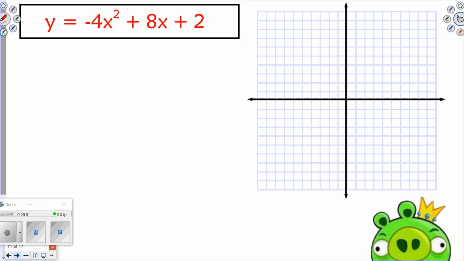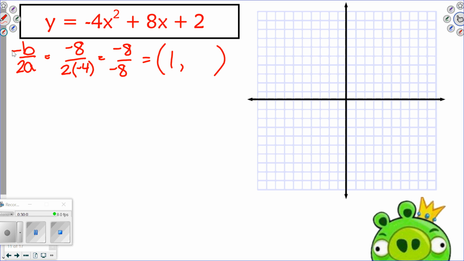All right, so guys, if I ask you to graph, what do we have to find first? Good, the vertex, which is the negative b over 2a. So what's negative b? Negative 8 over 2 times my a, which is negative 4, which gives me negative 8 over negative 8, which is 1.